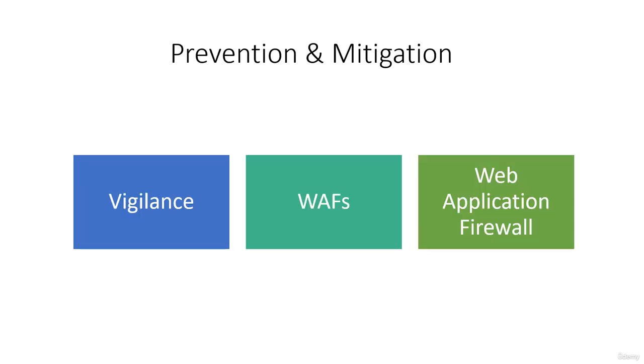So, prevention and mitigation. There are several effective methods for mitigating a reflected XSS attack. First and foremost, from the user's point of view, vigilance is the best way to avoid XSS attacks. Specifically, this means not clicking on suspicious links which may contain malicious code.